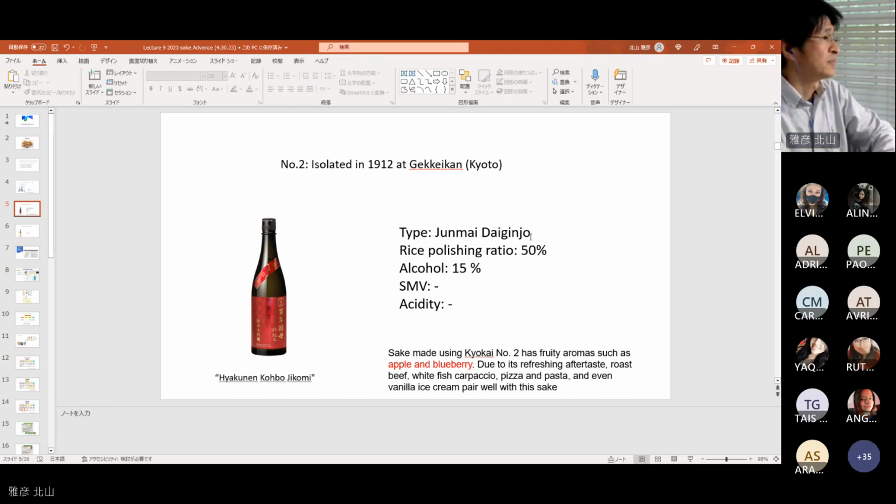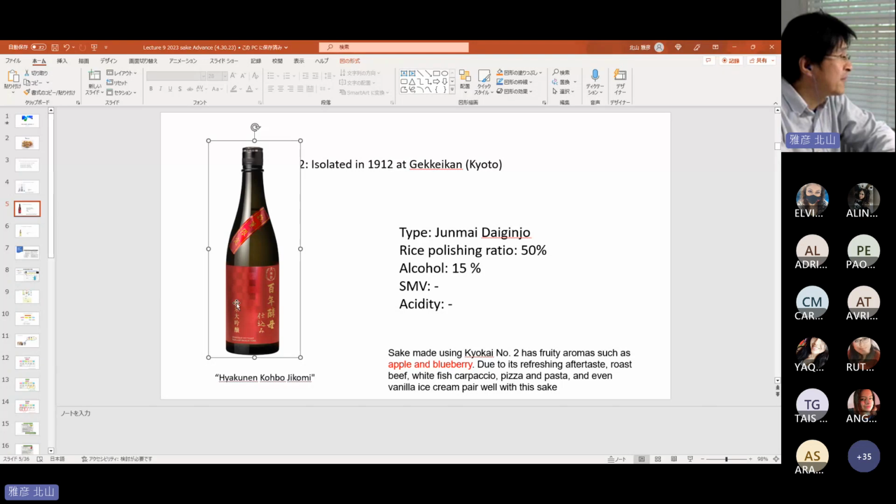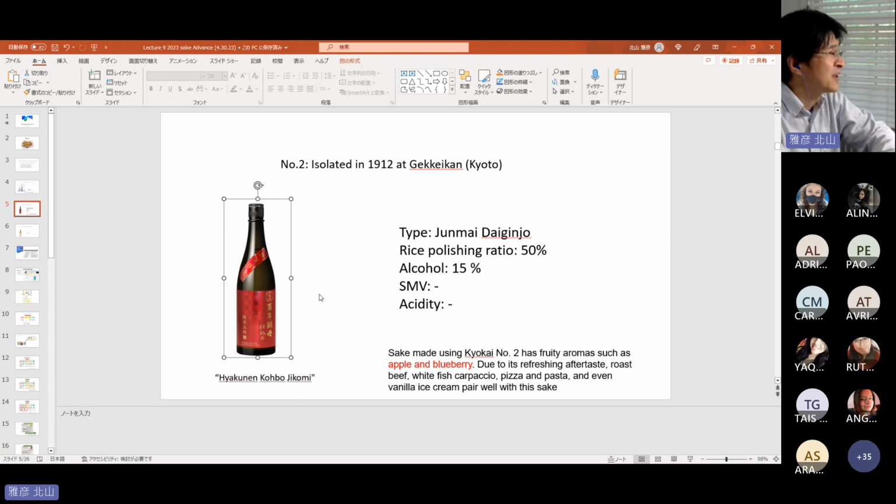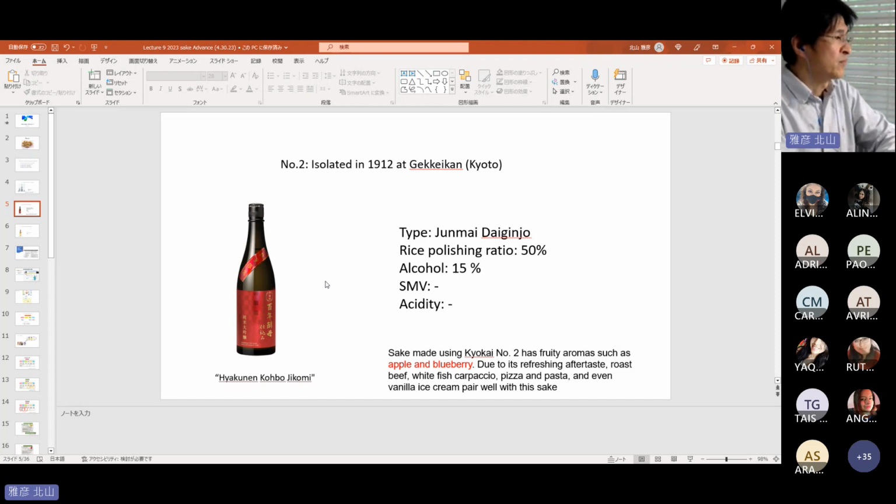Polishing ratio 50%, so they can call this sake daiginjo. And they did not add any distilled alcohol, so they can also put the name Junmai on the label. So they put here Junmai Daiginjo on the label of this sake.